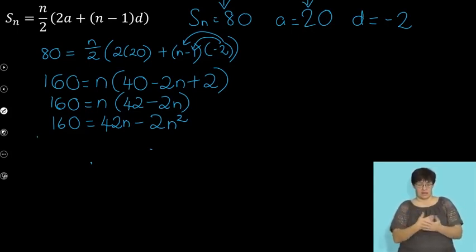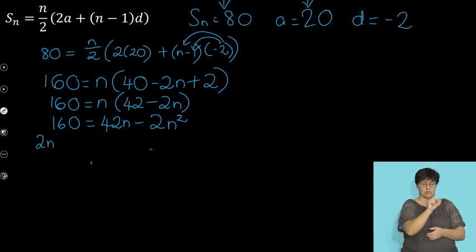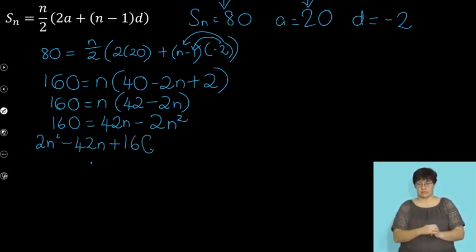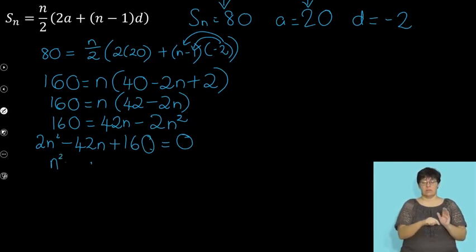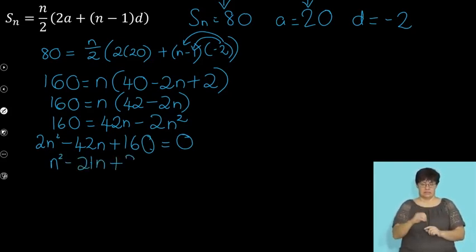So the next line will be 2n squared minus 42n plus 160 is equal to 0. In order to make my life slightly easier, I'm going to divide everything by 2. So that's going to leave me with n squared minus 21n plus 80.